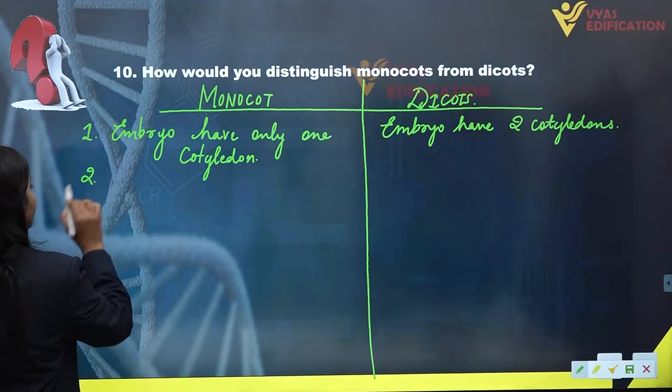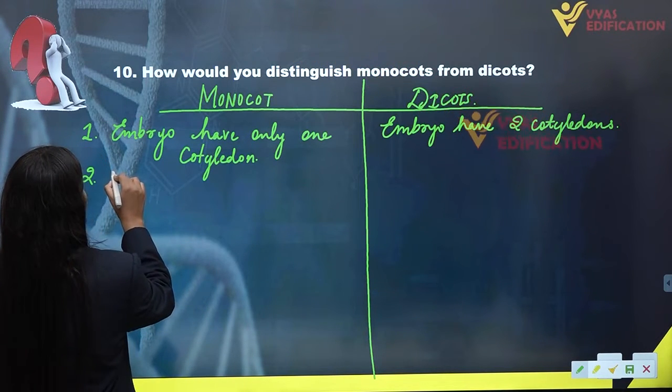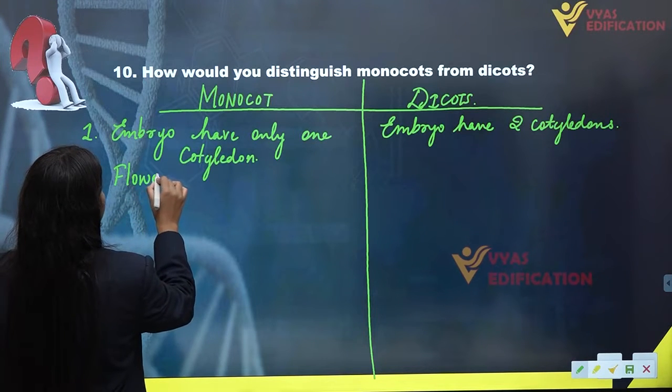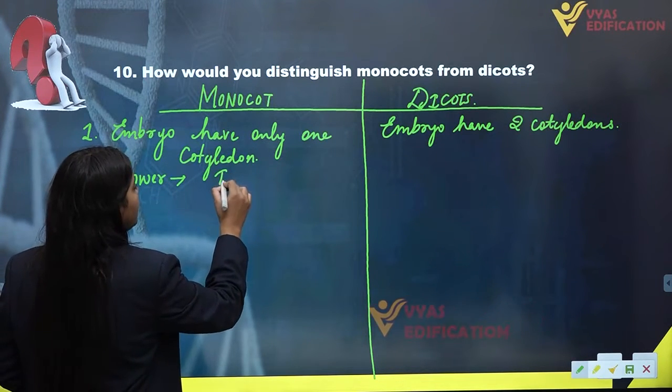Next, the flower in monocots is trimerous.